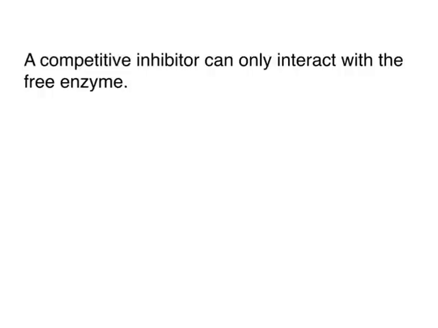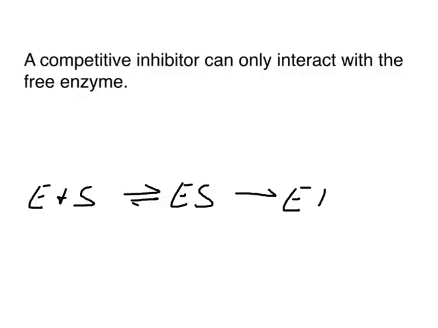So we have enzyme plus substrate, and usually this is in a reversible reaction. We get enzyme substrate complex, and this then dissociates into enzyme plus product, and obviously the enzyme then can start a new catalytic cycle.